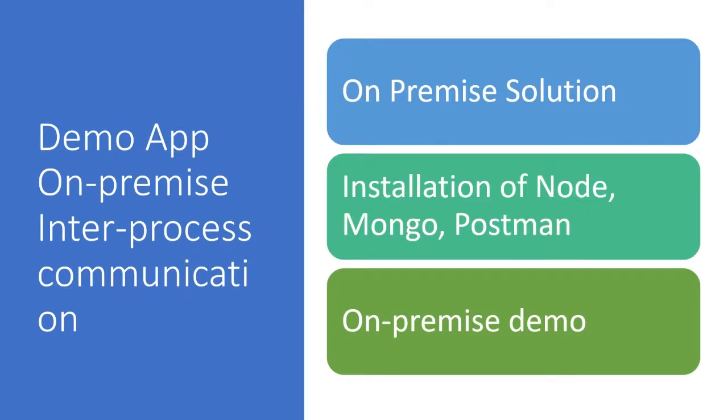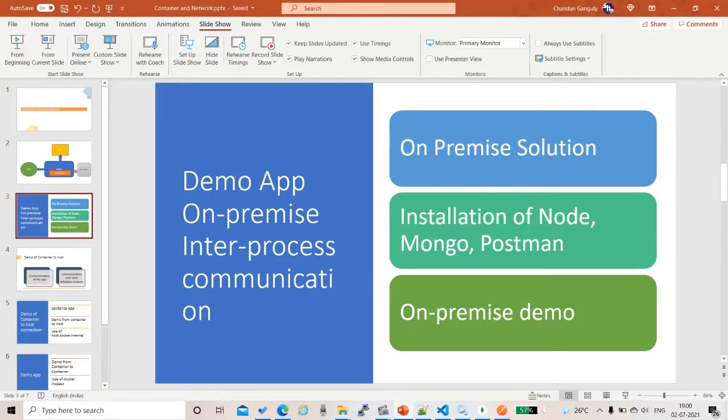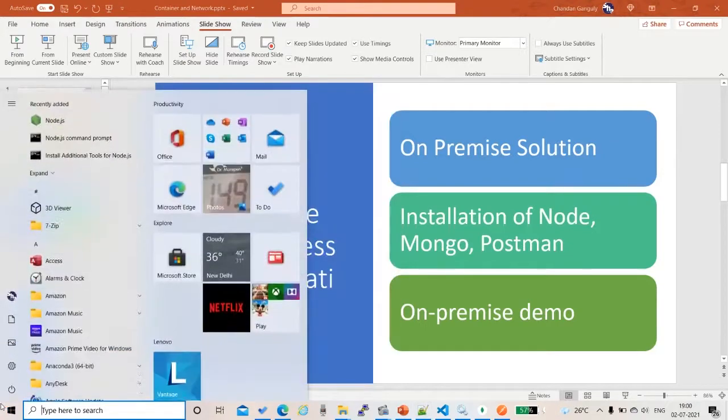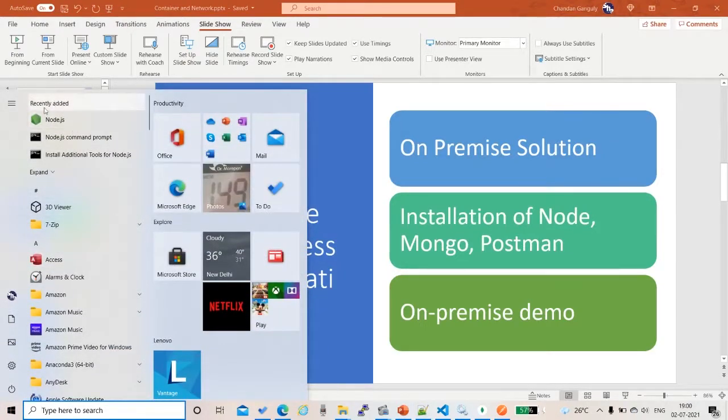First of all, we are going to preview an on-premise solution which is a Node.js web API. It requires installation of Node, MongoDB and Postman, and it is a demonstration of an on-premise application where the application is hosted on this computer itself. As I am sharing this, Node.js is installed on my computer, so you need to install Node.js.